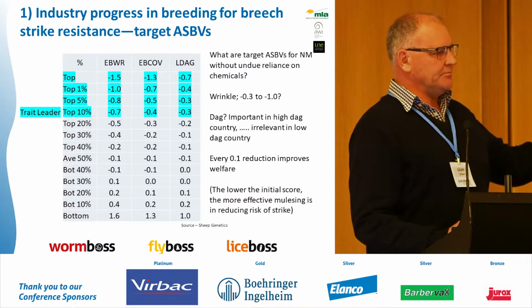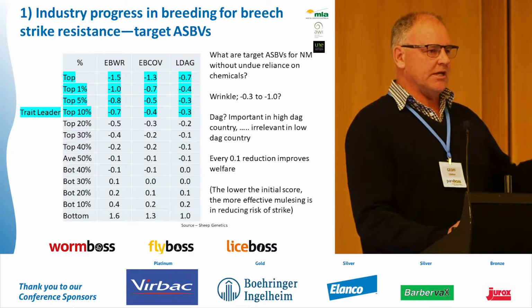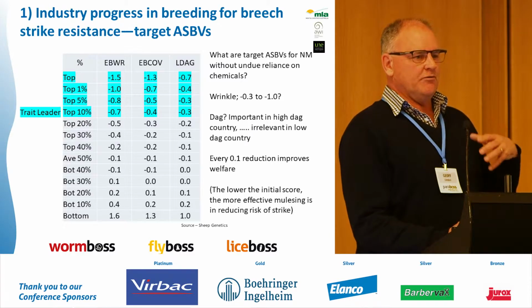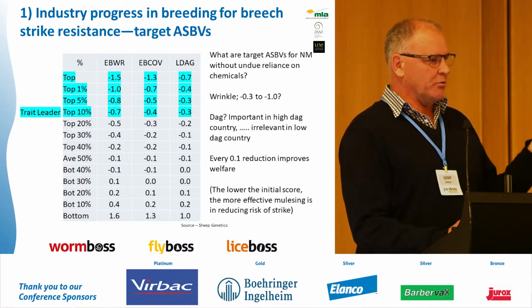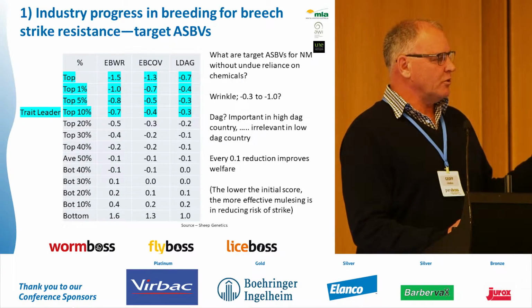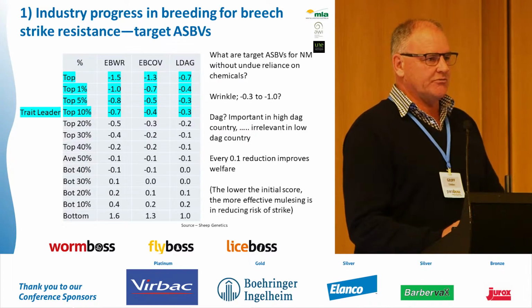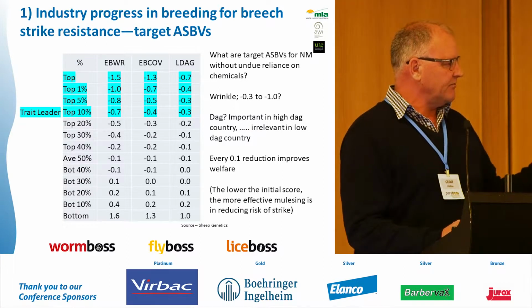So in Queensland, to go non-mules, a lot of the Queensland studs are about minus 0.3 in terms of wrinkle score. If you go into some very cold, hungry, wormy country, again, the wrinkle score needs to be less because there's a lot of those factors taking nutritional value and impacting on the amount of skin that gets grown phenotypically.